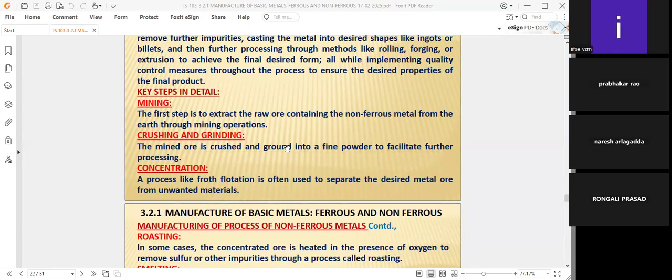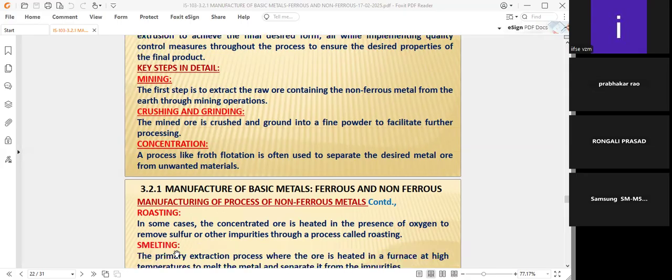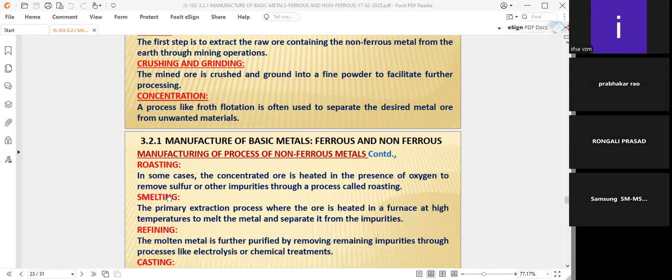That means the removal of the non-ferrous materials is the aim in the concentration methods. The concentration means the removal of the actually wanted non-ferrous material, and at the same time removal of the impurities also. That is what is called froth flotation, roasting, smelting. These three are important methods of concentration.